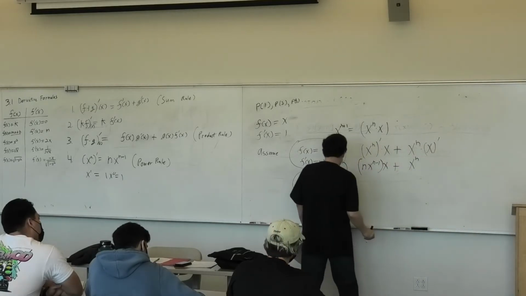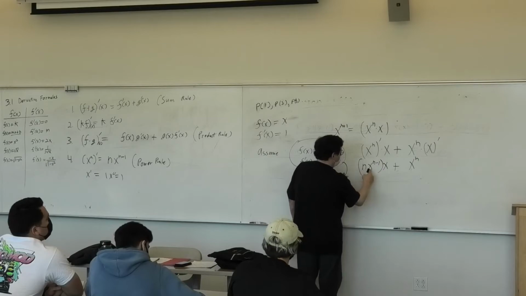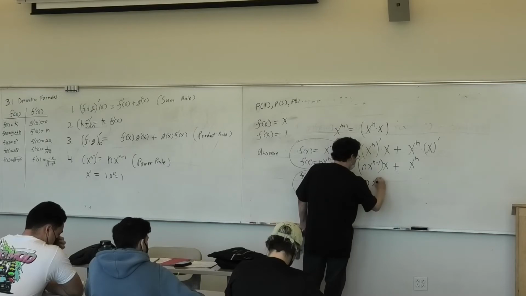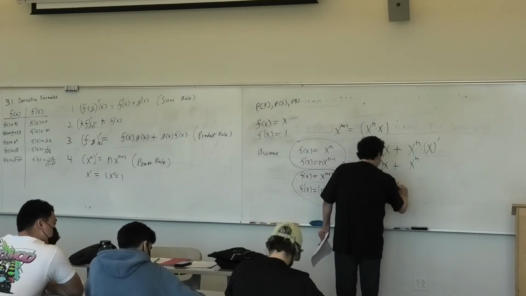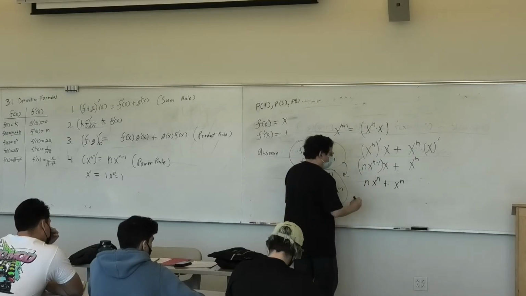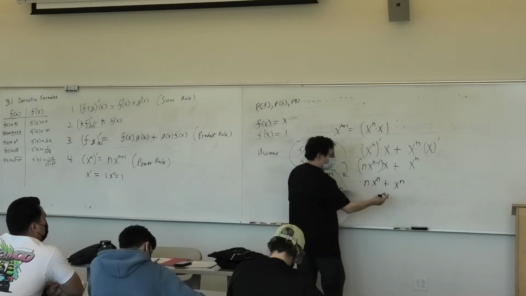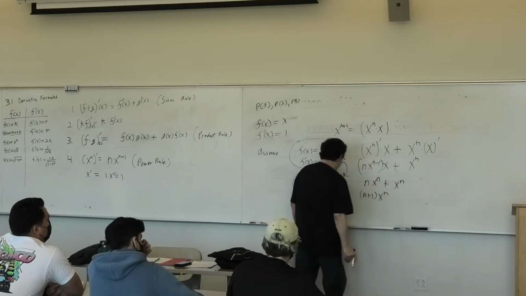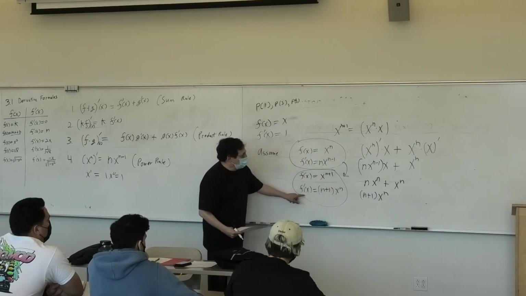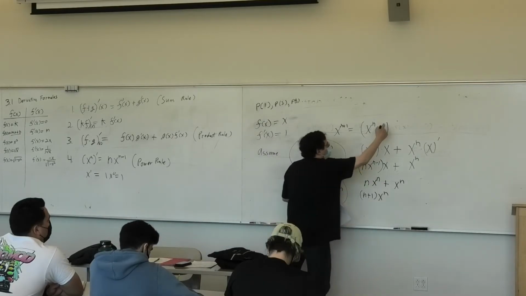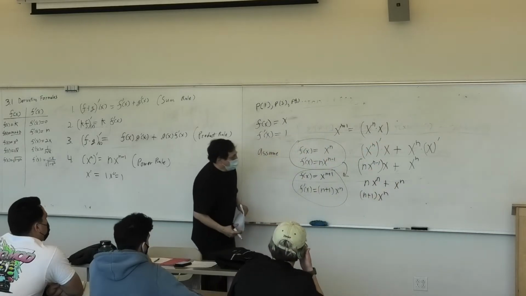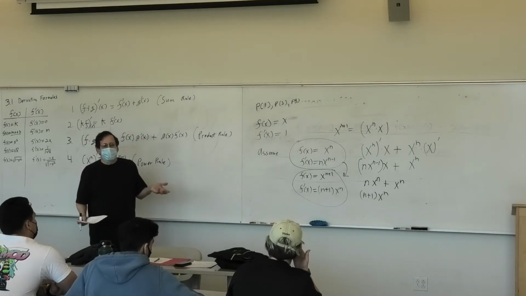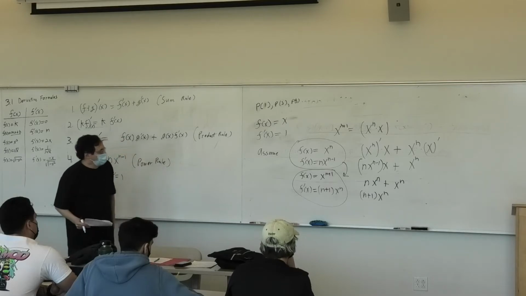So n times x to the n minus 1 times x is n x to the n, plus x to the n. And we're going to factor in the reverse way, it is n plus 1 times x to the n. That's just what I wanted to show. This derivative is this. So now I've proved it for all integers greater than 1.